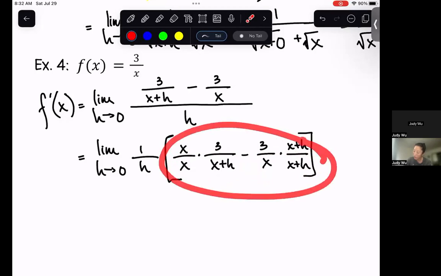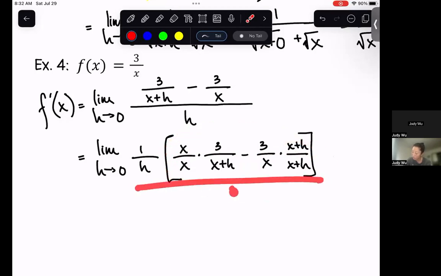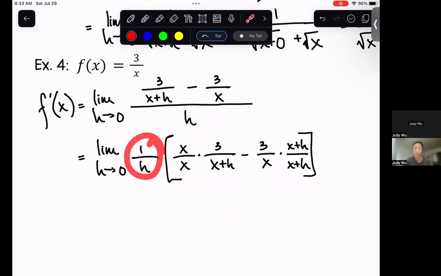Now I could write all of this all over h instead of having my 1 over h in the front, but I think sometimes that gets very visually overwhelming. It's just so many fractions, and it makes it easier for some brains if we pull the 1 over h out to the front. But I'll leave that up to you, okay?